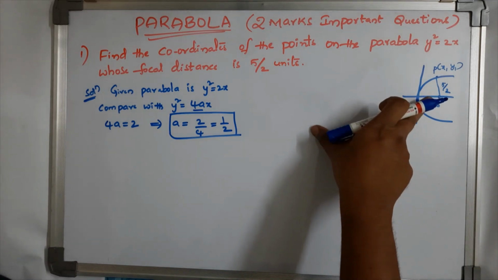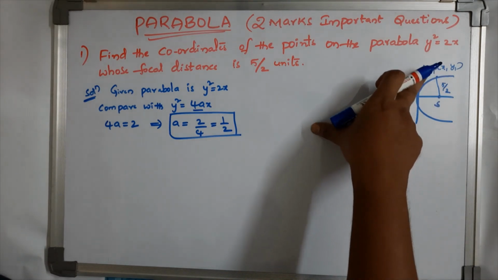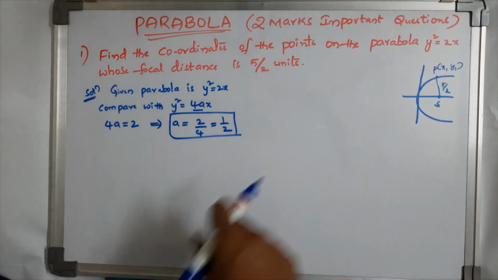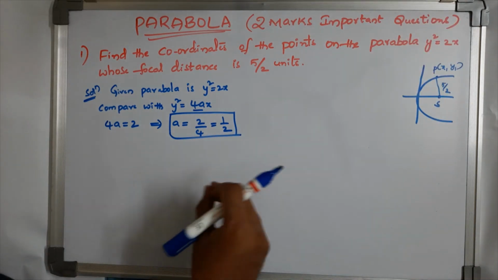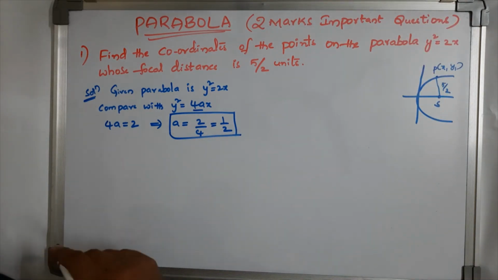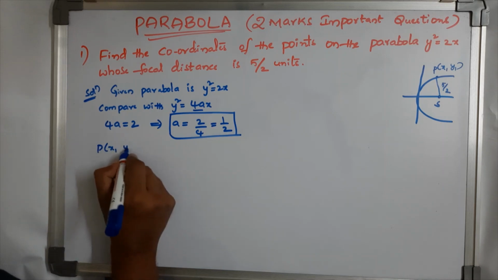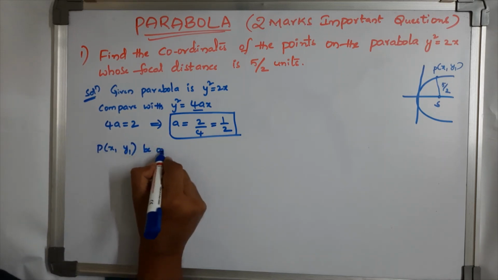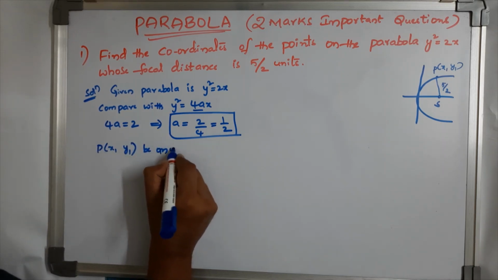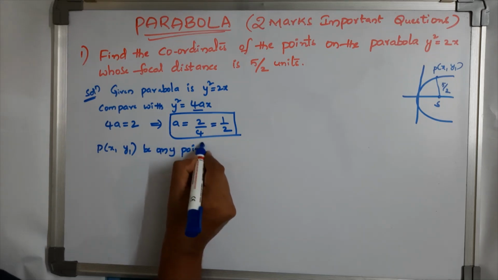The distance from focus to the point on the parabola is called as focal distance. Now suppose P x1 y1 be any point on the parabola.